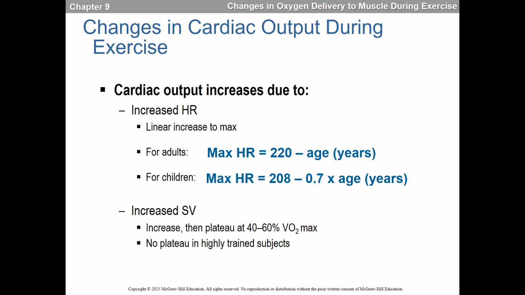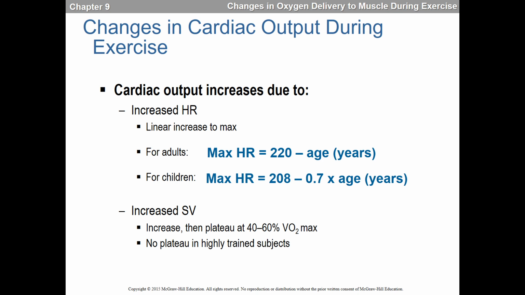So changes in cardiac output, here's a couple of things there. 220 minus your age, this is really about the main prediction for max heart rate that I want you to know. This is called age-predicted max heart rate. It's called the Fox method.